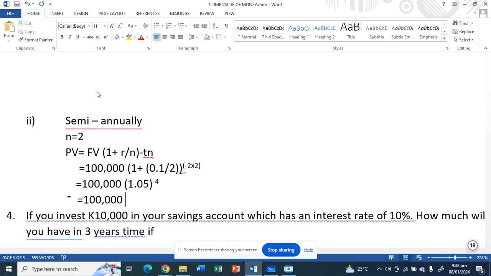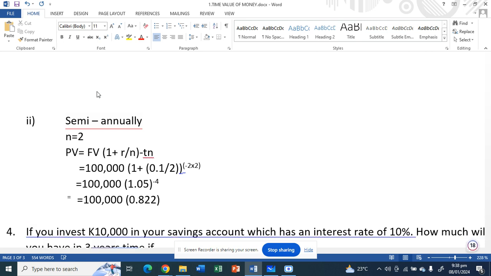Here we'll leave it in 3 decimal places, 0.822. And 100,000 multiplied by 0.822, you get 82,200.